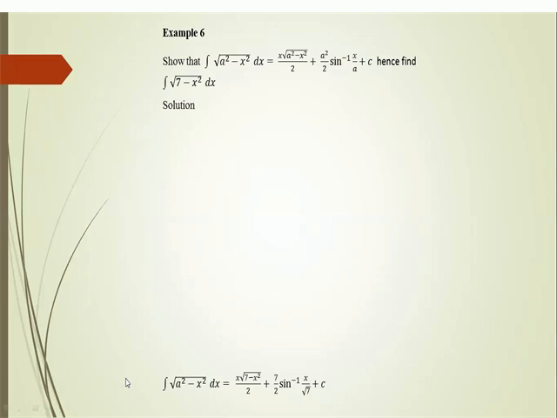In the multiple angles, where we have sine of A plus B, what we have is sine A cos B plus sine B cos A. Then when you replace B with A, we have sine of A plus A is equal to sine A cos A plus sine A cos A.